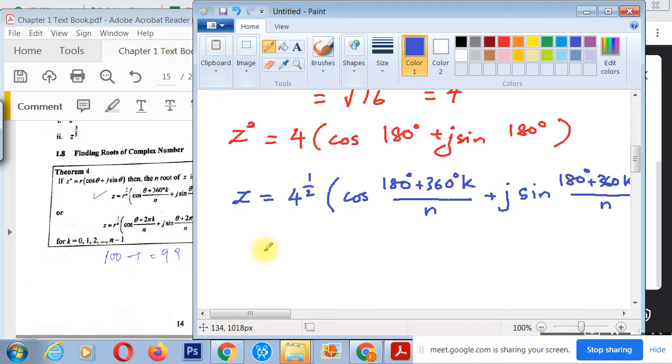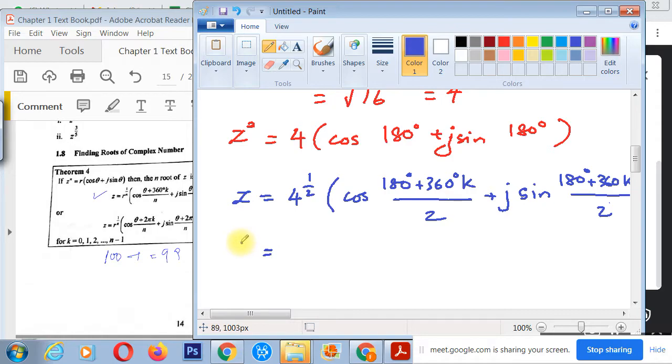So what is our N? N is 2. So meaning here, this is 2, this is 2. So what is K?